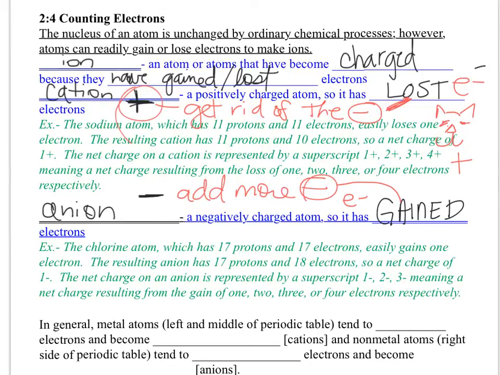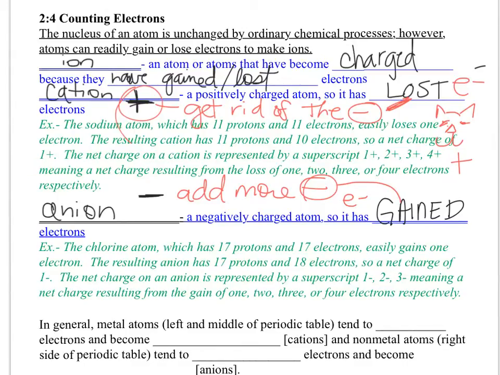And I have some counting going on here for you. I've got the sodium atom. It has 11 protons and electrons just as it is on the periodic table, but it easily loses one of those electrons, resulting in a cation with 11 protons that cannot change, and now 10 electrons. So therefore the charge is 1 plus.